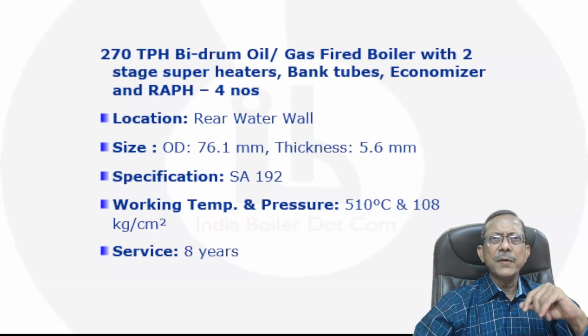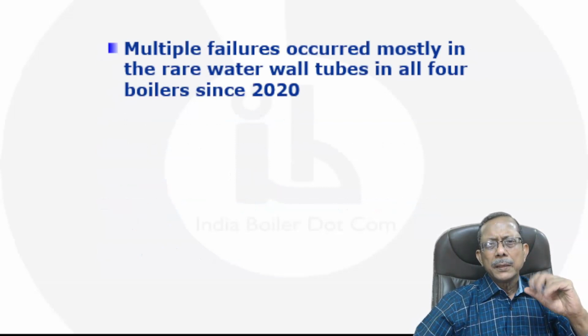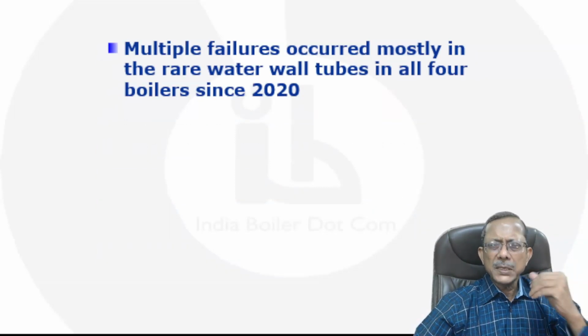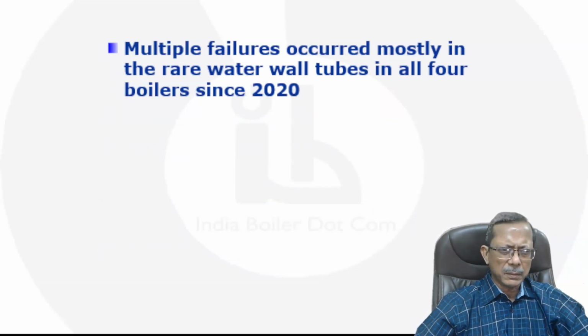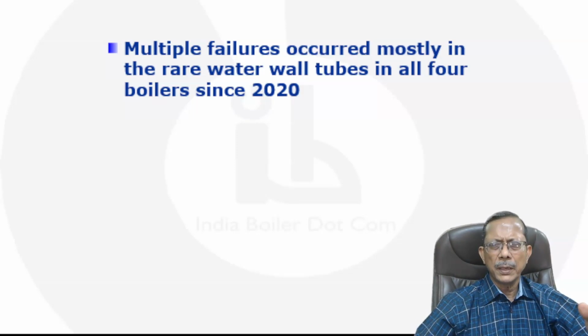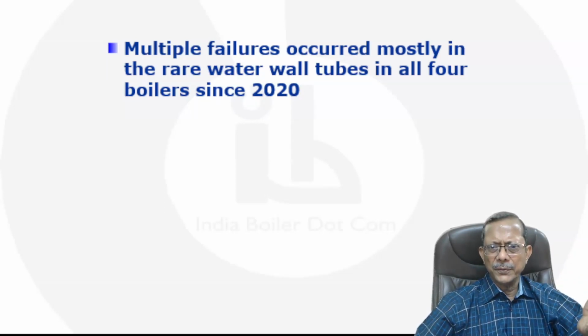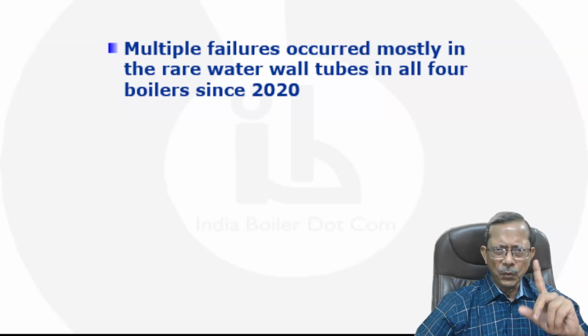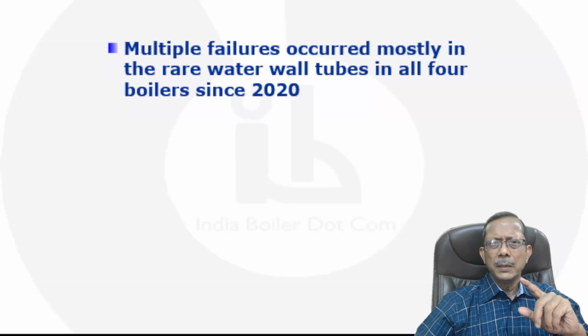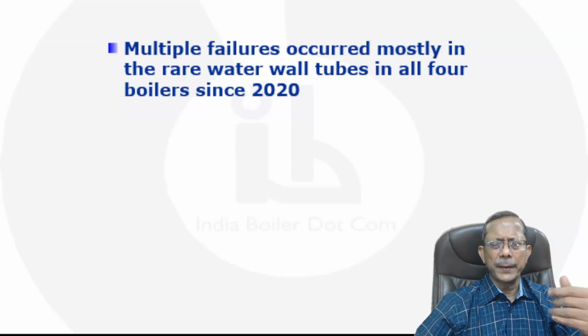Now, when I was invited here, they were facing multiple failure problems, typically this kind of hydrogen embrittlement that we have seen, since 2020. In fact, I went there in February 2023, and from November to that time, in one of their boilers, they had faced three failures almost back to back.